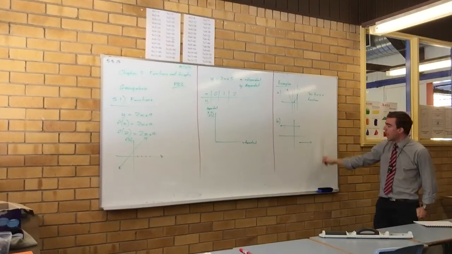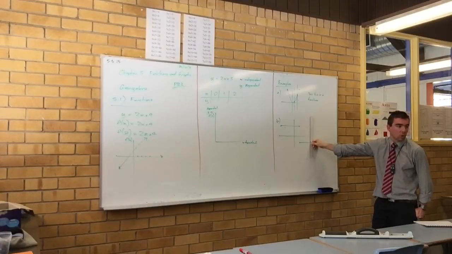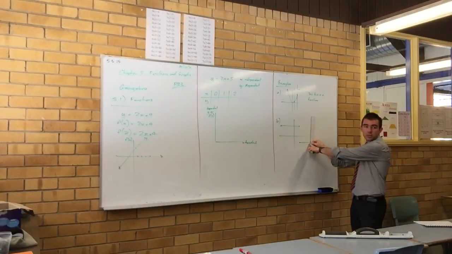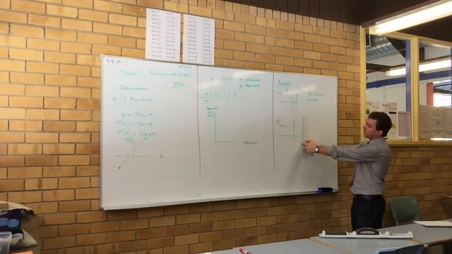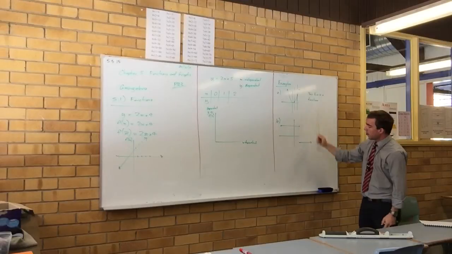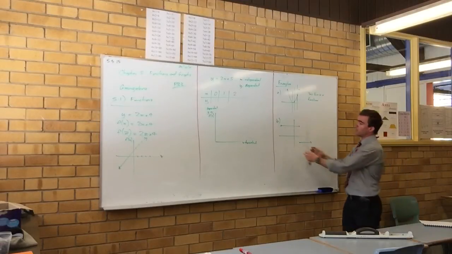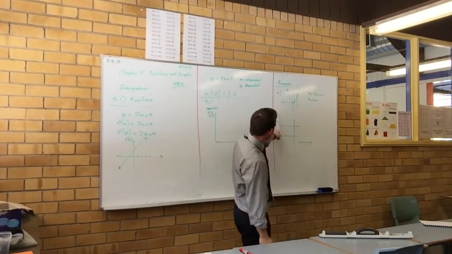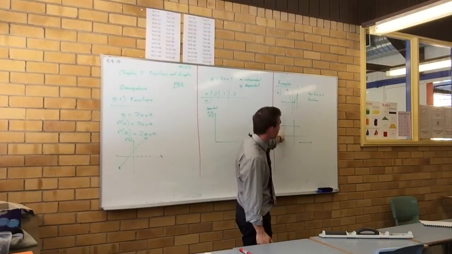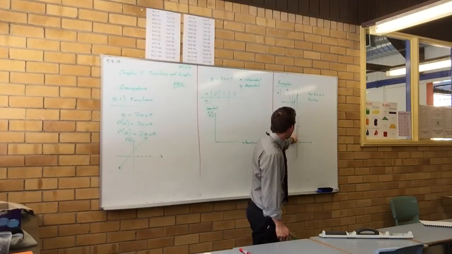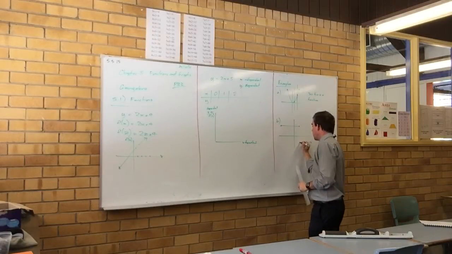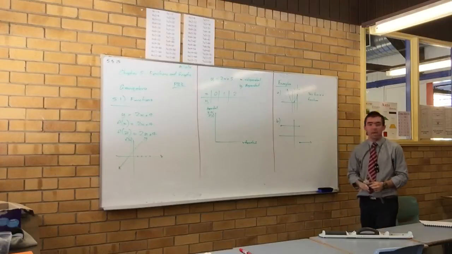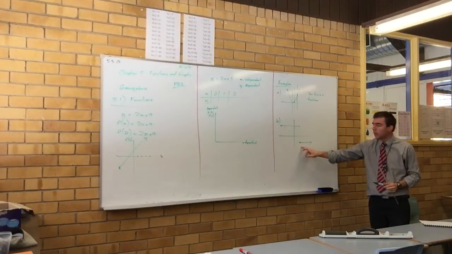If I go back the other way, once, once, once. Now, we have to be careful with this point here. That's a closed circle, which means this part of the graph includes that specific point.